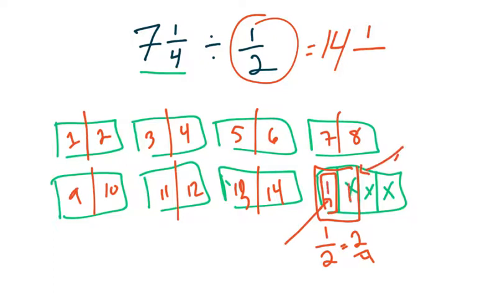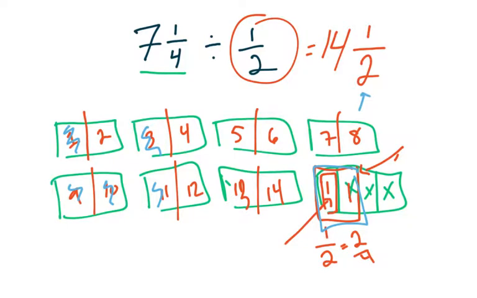Well, I needed 1, 2. So I can write my remainder like that. There are 14 and a half-size pieces in 7 and 1/4. Here are all the whole 1/2 size pieces, and then that 1/4 was half of what I needed to make a half. That's where that half comes in.